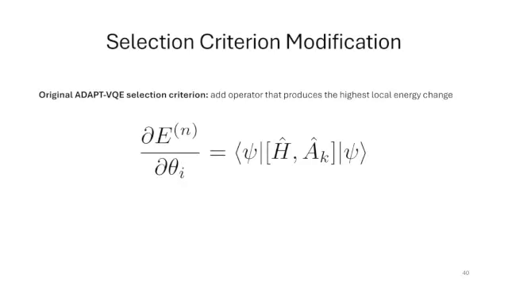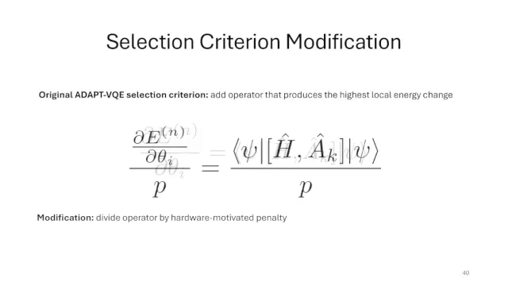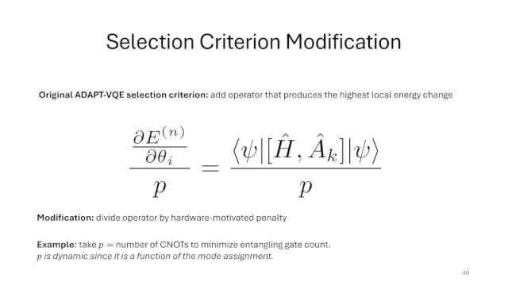And we can factor this into the selection criterion by dividing the gradient by a hardware motivated penalty. So we can use, for example, the number of CNOTs in a linear connectivity or another target connectivity, to represent the fact that we want to favor operators that have lower costs on hardware. So we want to favor those operators that are very easy to implement and that are less noisy.